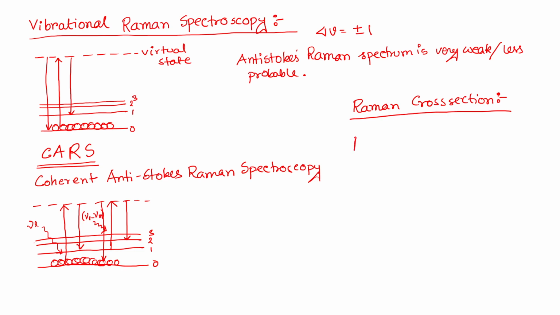If I am taking this P as the Raman cross section, it depends on two things. First, there is the transition moment integral, sigma, between the initial and a virtual state, and then from that virtual state it has to come back to some psi final, right? So there is another thing. This is what it depends on.